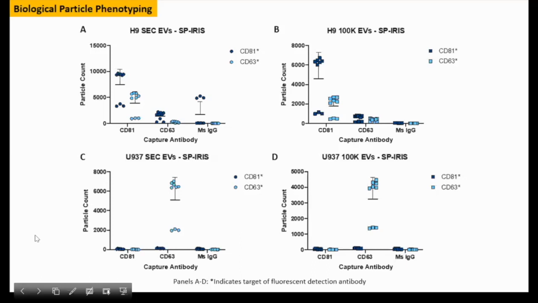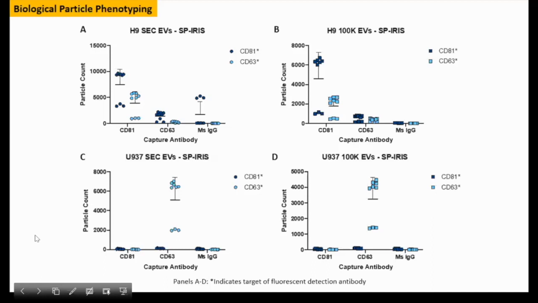So I'm going to present the SPI-RES data separately for one particular reason: this is a capture-based method, and therefore it doesn't take into account bulk EVs in contrast with other platforms, but it does take into account only the captured ones.